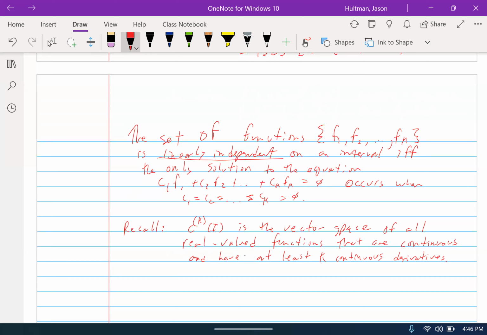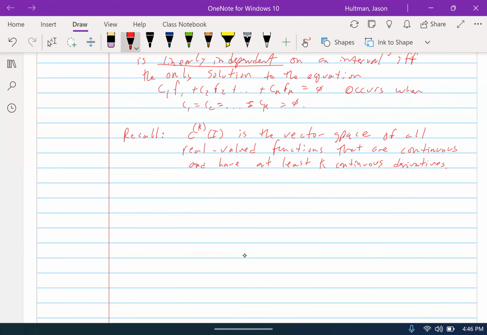Okay, definition. Let F1, F2, dot, dot, dot, Fk be elements of C to the k minus 1th derivative of I. Why k items? Because we're not taking the derivative of the first guy.